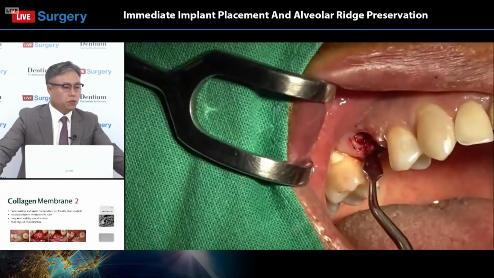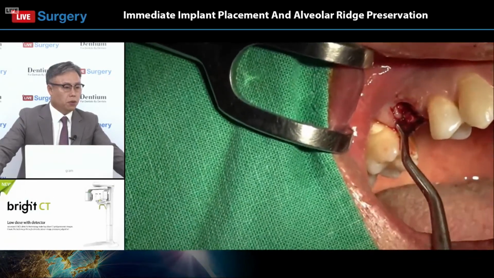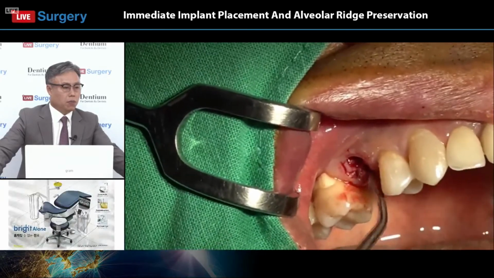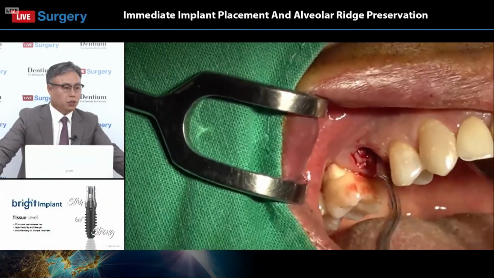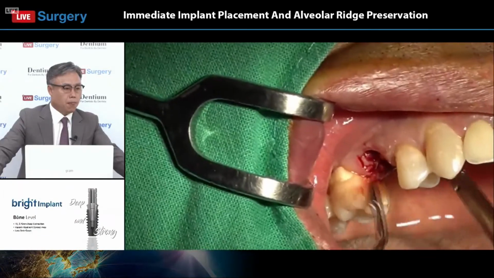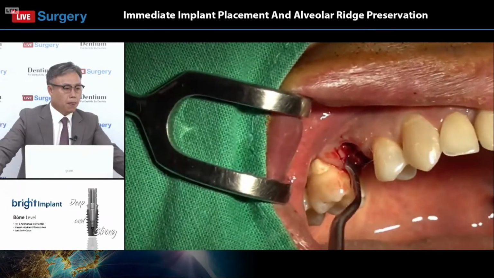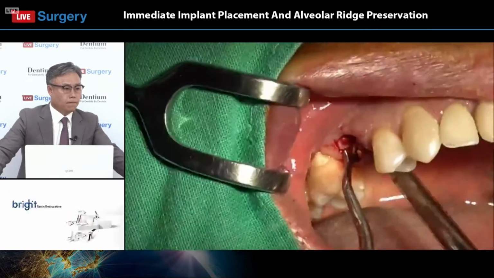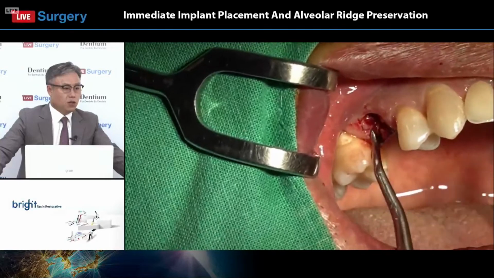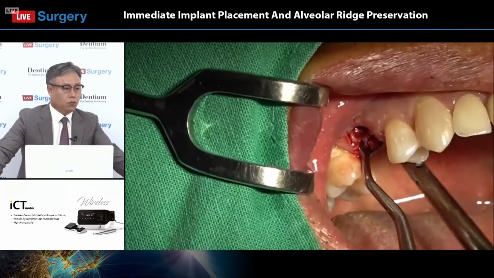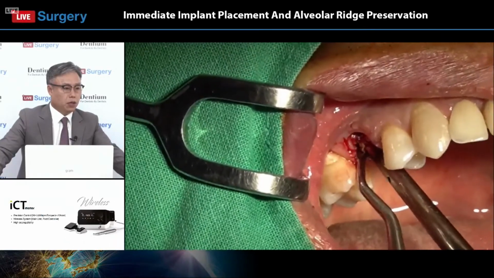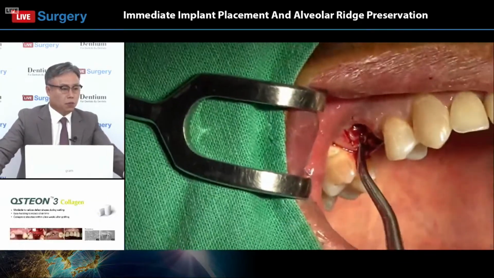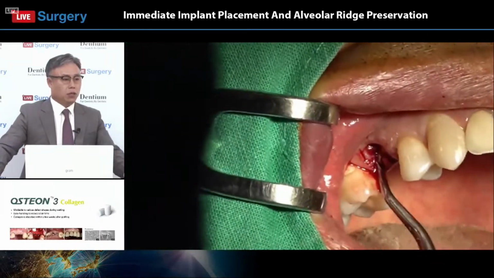I think this instrument is pretty good for removing the root remnant and minimizing the damage to adjacent tissue. The instrument is not straight, as you always see. It's a curved instrument, and it's very efficient for applying force between the tooth and the periodontal ligament.